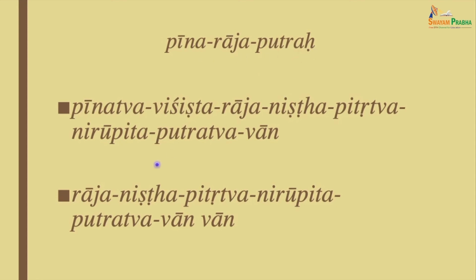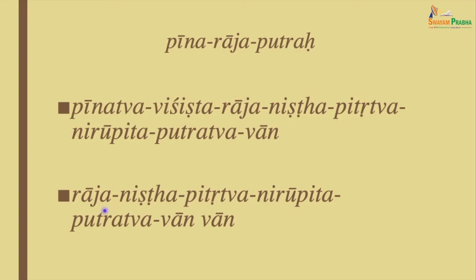Fat king son. Or it could mean Rajanishta Pitritva Nirupita Putratvavan. And then I missed something. This should be Pinatvavan. So that is fatness, having fatness, right? So either it may mean that we are talking about a king who is Pina, and then that king has Pitritva, fatherness, which is determined by sonness, which is there in this guy, right?